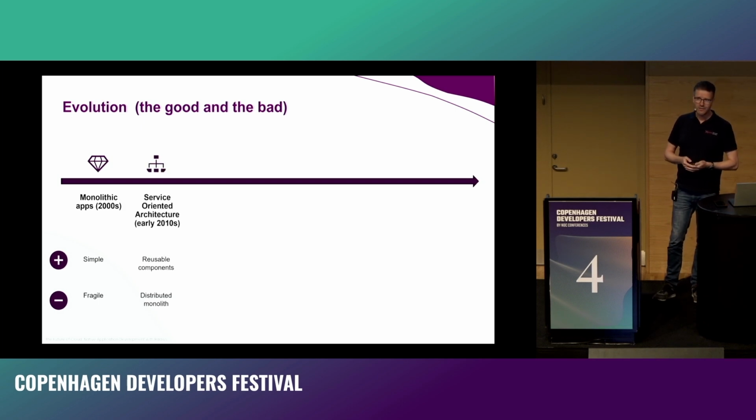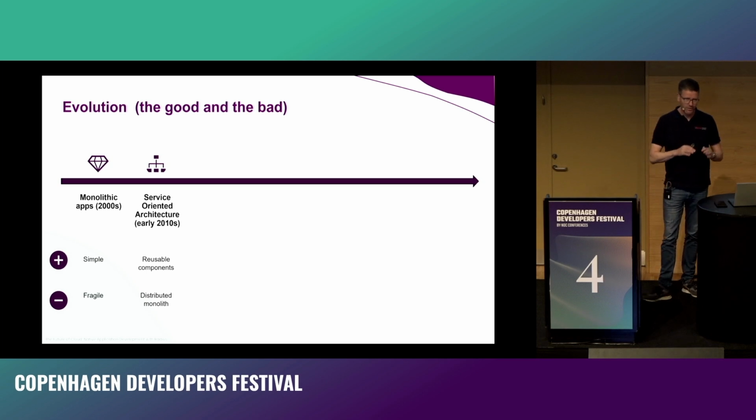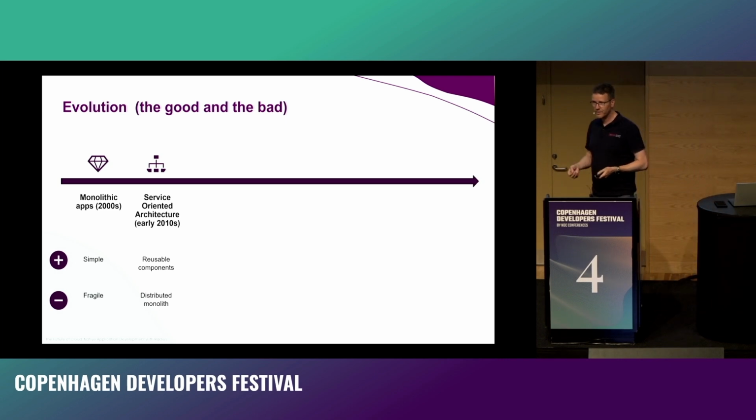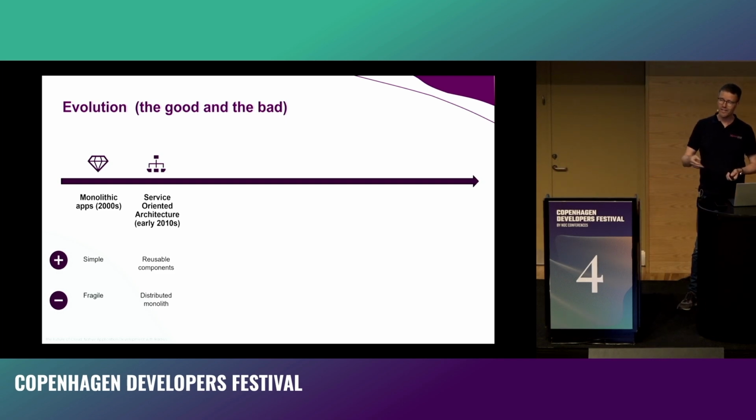And this is when we started using services-oriented architecture. And that means that you chunk up your system and make it into reusable components. The downside here, of course, is that if a service always relies on another service, you haven't really gained anything, and you build a distributed monolith in which a single issue could still lead to total system failure.